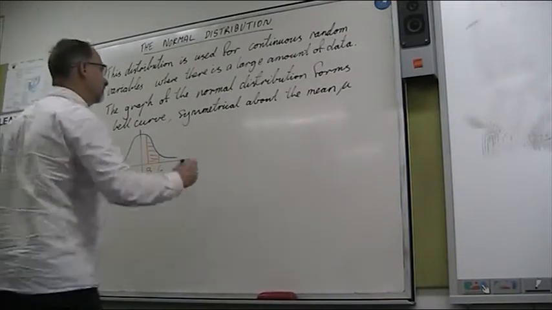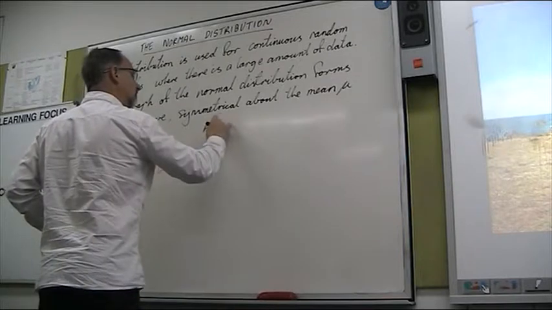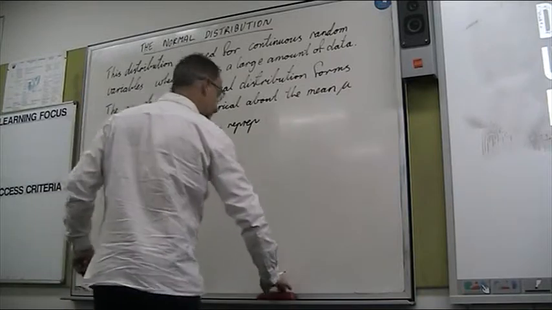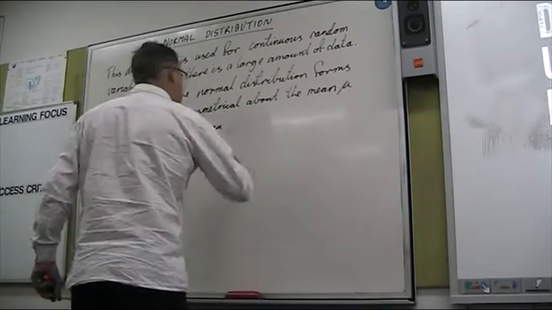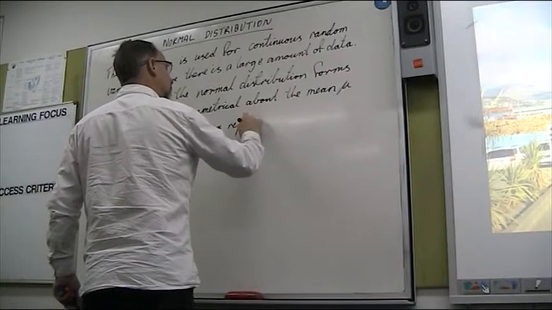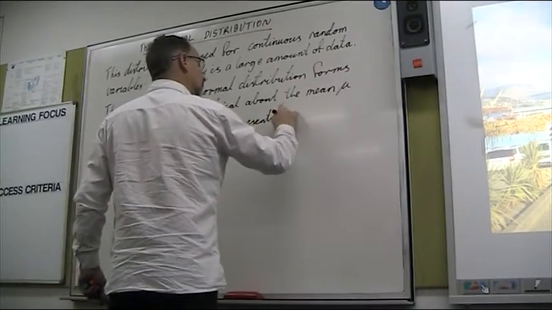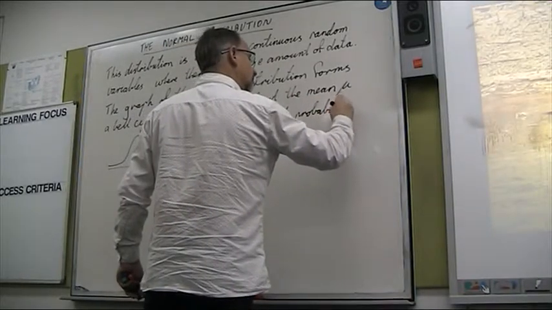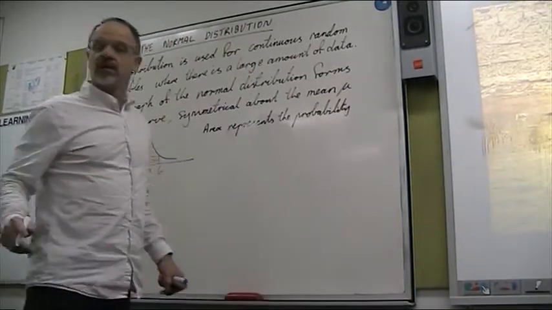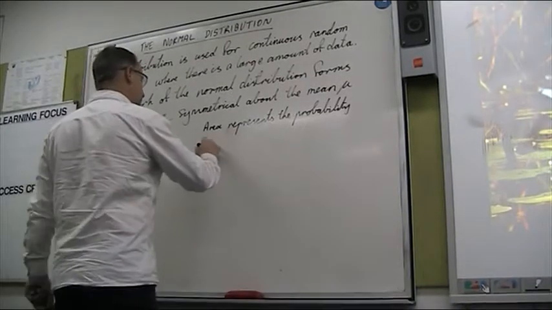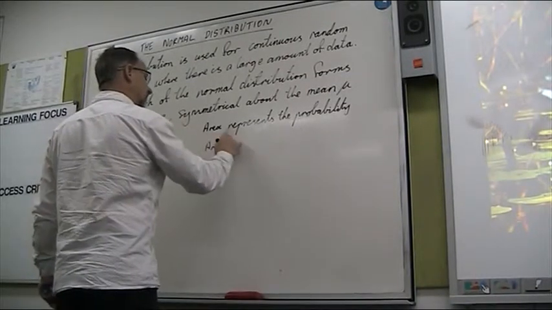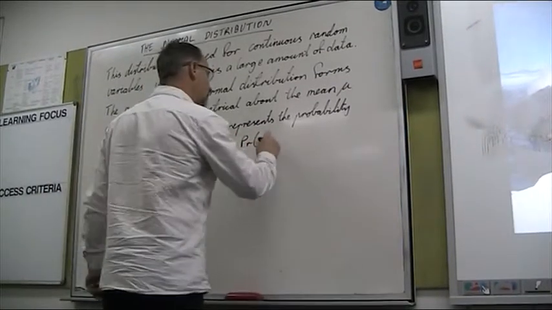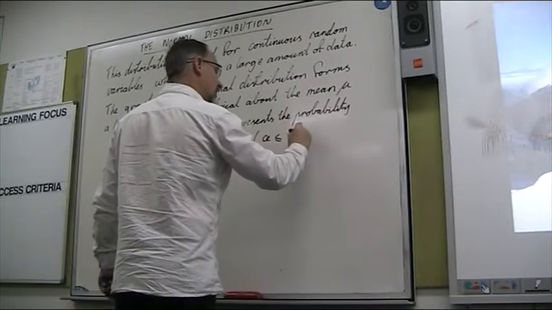So the area represents the probability. Alright, so the area is equal to the probability that something is between A and B.